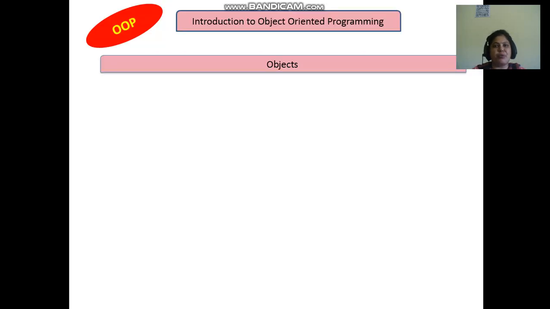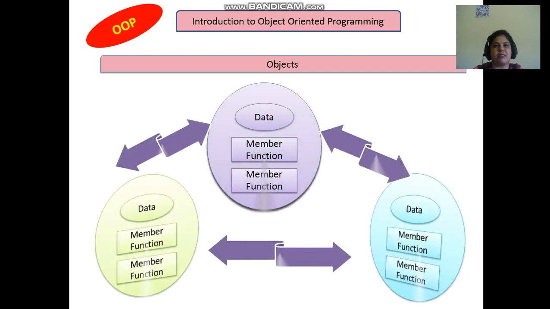Now, coming to the object, everywhere an object has certain data and certain member functions. Each object has data and member functions together, and that is termed an object. These objects have their own data and their own member functions, and they can interact with each other.